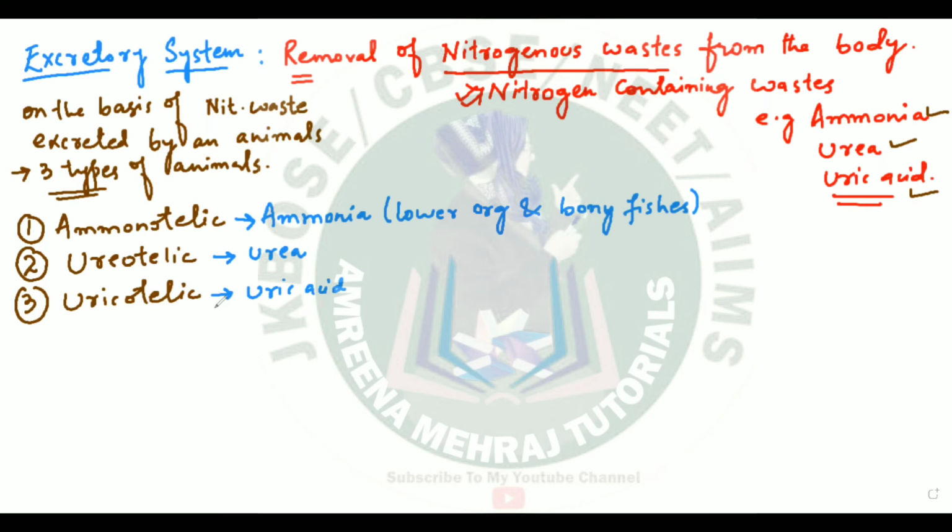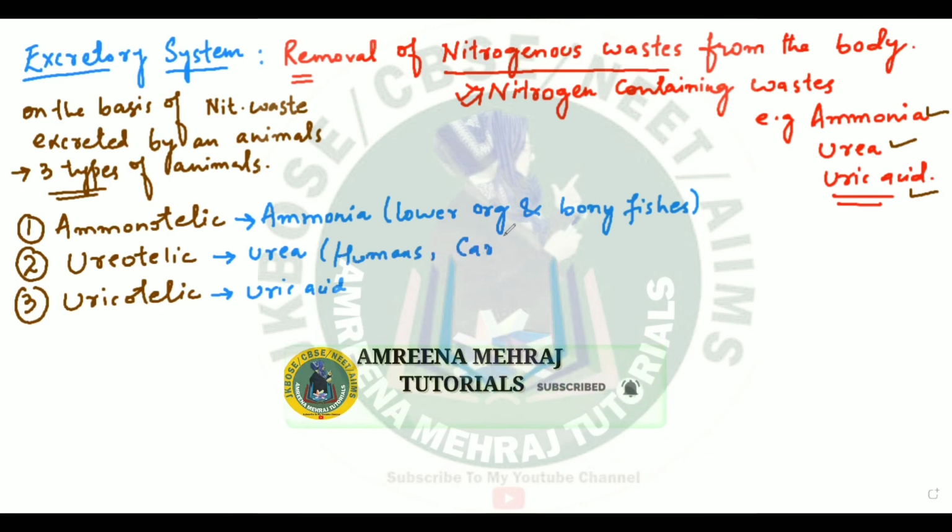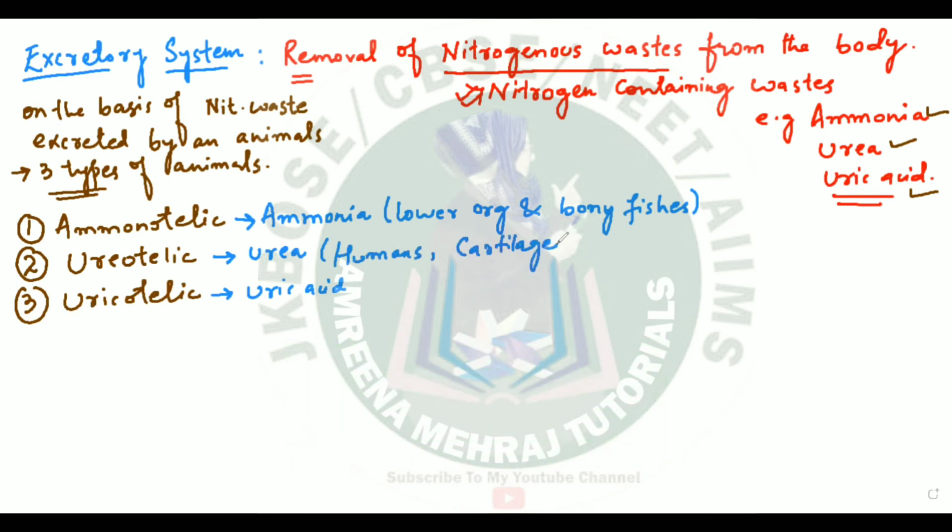Ureotelic organisms include, first of all, we people. So we'll write down humans, we are ureotelic, and even the cartilaginous fishes, which do not have bones. Their skeleton is made up of cartilages, so we call them cartilaginous fishes. They are also ureotelic. Now, as far as uricotelic are concerned, who are the animals who are uricotelic?